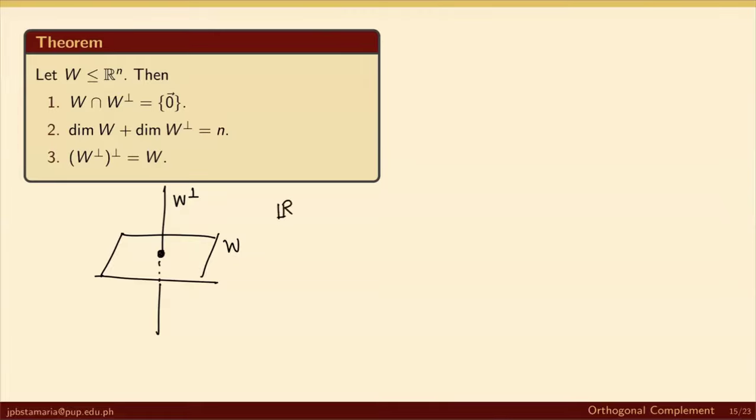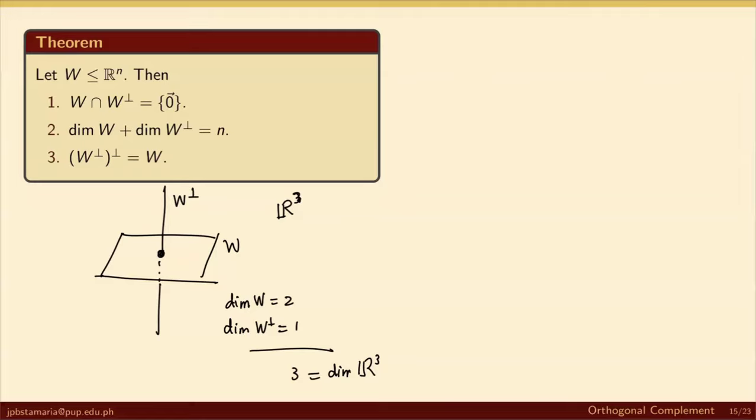So let's say here we are in R3. You see, this is two-dimensional while the dimension of W perp is 1. If you add this together, you get the dimension of the entire space. And this is mainly the reason why the word complement was used. They are complementary in terms of their dimensions.